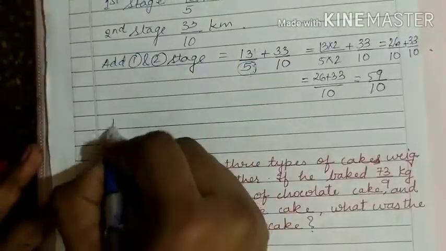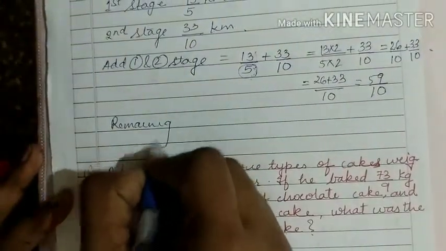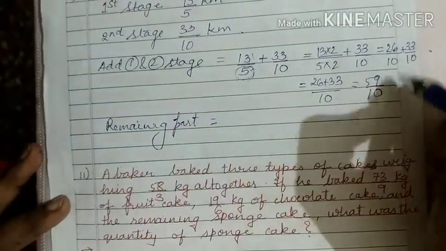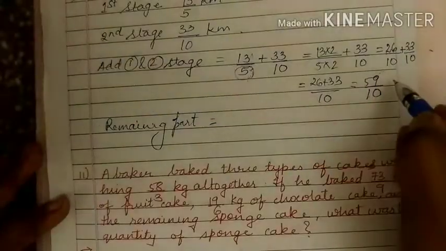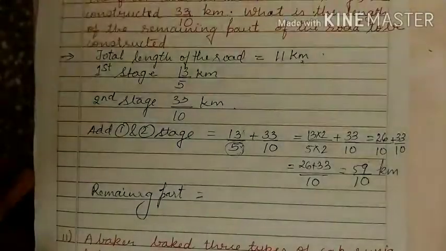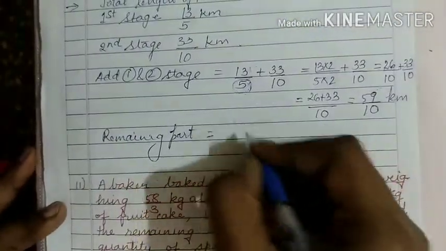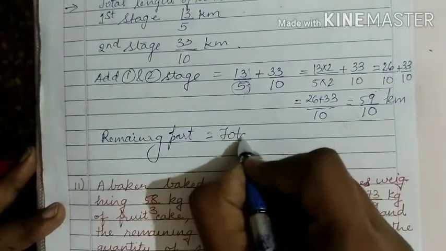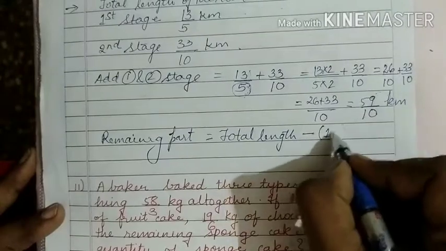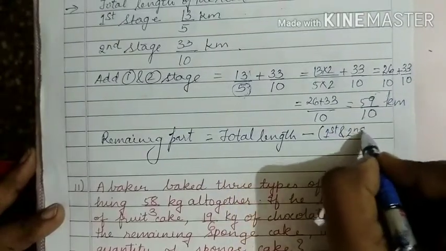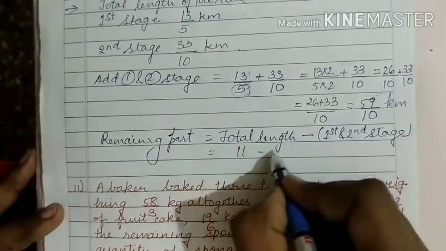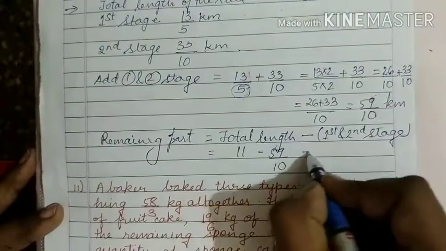Now for calculating the remaining part, subtract 59 by 10 kilometer from 11 kilometer, that is, total length minus first and second stage, which is equal to 11 minus 59 upon 10.